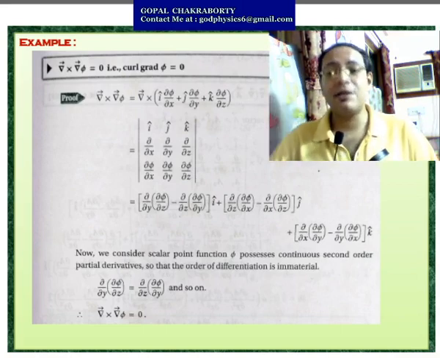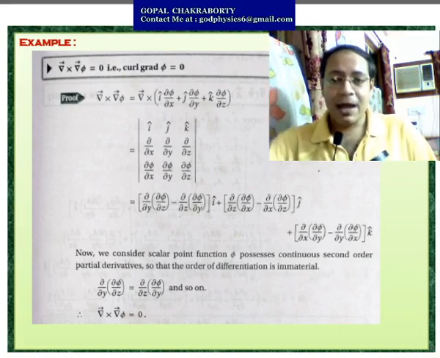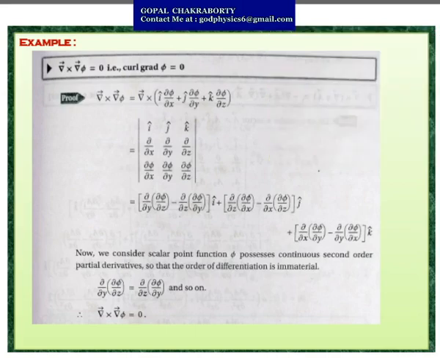Curl means you have to find the determinant. I have shown you here. Now the determinant is here. As per the formula, we have substituted all the values. Now del by del y of del phi del z: del phi del z will behave as a constant, so if you take the derivative with respect to y, that will give you 0.